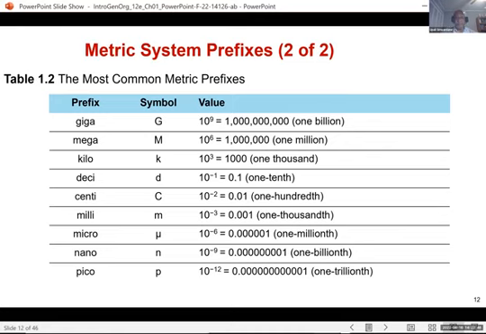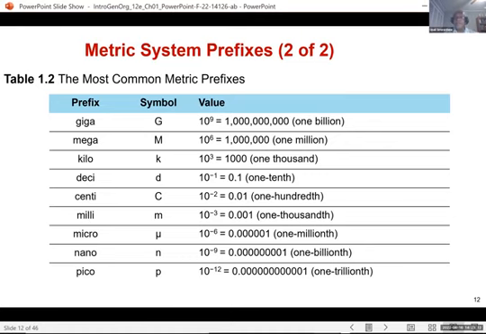So these prefixes are used for temperature, for mass, for seconds, various other things. Mainly milliliters also, we use this for volume.